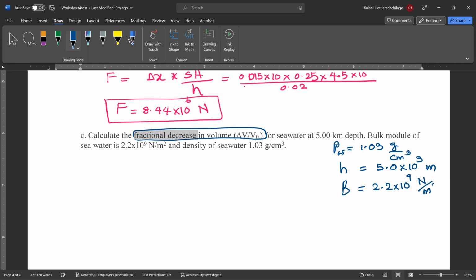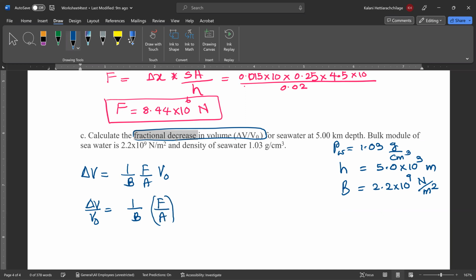So now for the bulk modulus, you know that we can write the formula given in the textbook, delta V equals 1 over B times F over A times V naught, right? So delta V over V naught is the one I need to find. It is 1 over B times F over A, right?